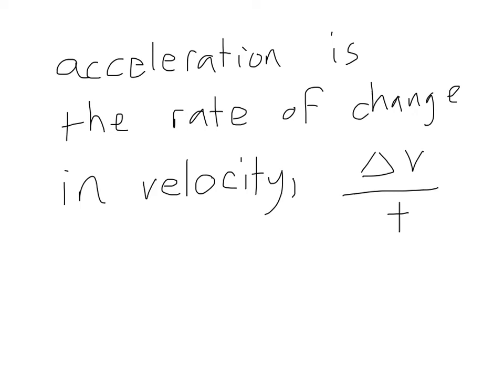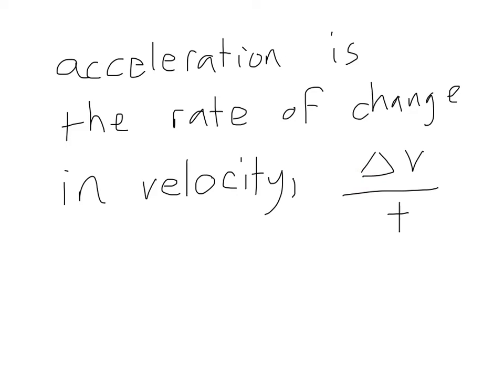So, to reiterate, acceleration is the rate of change in velocity. Again, delta V representing the change in velocity, over T representing the time, delta representing change in. In other words, we can say that acceleration explains how quickly or slowly, or just how, our velocity is changing.